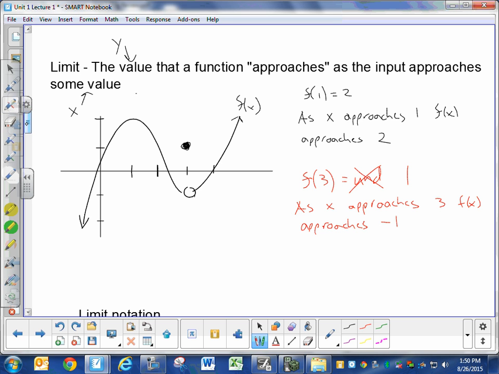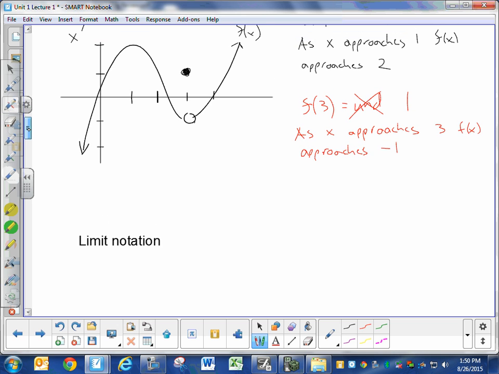Okay? We will use specific notation for what we just said. The notation is as follows. It's lowercase LIM, which stands for the limit. Underneath the LIM will be x and an arrow, and then some input value, some x value.